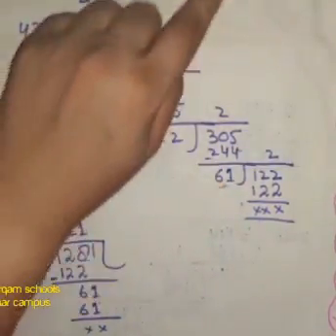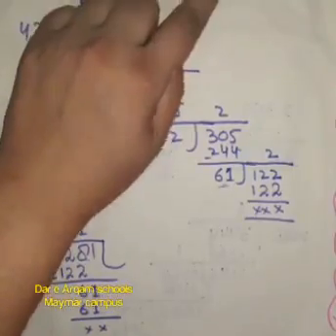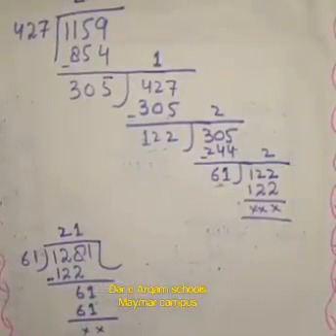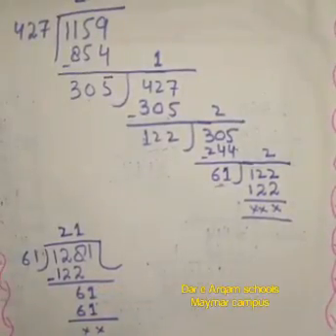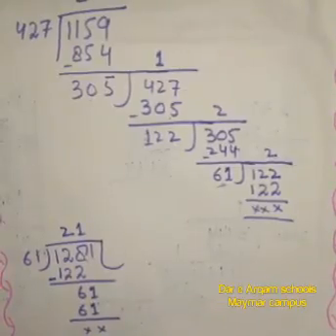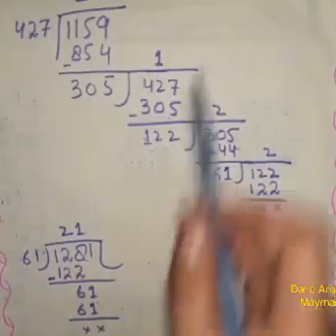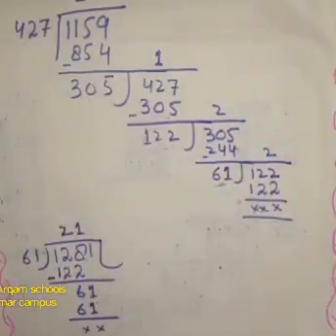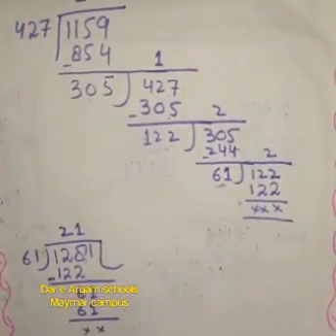Either 61 divides this number completely, or there will be some remainder. When you check 61 with this number, we have no remainder. So it proves that 61 is the highest common factor of all four numbers. 61 can divide all these four numbers. Our answer HCF is 61. Okay students?